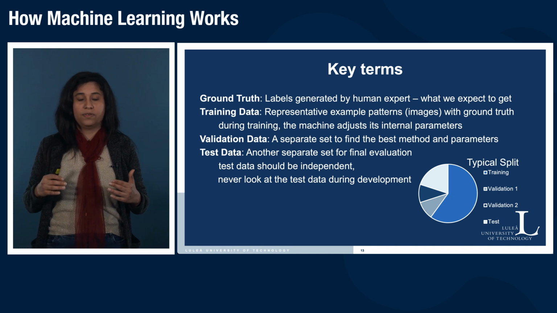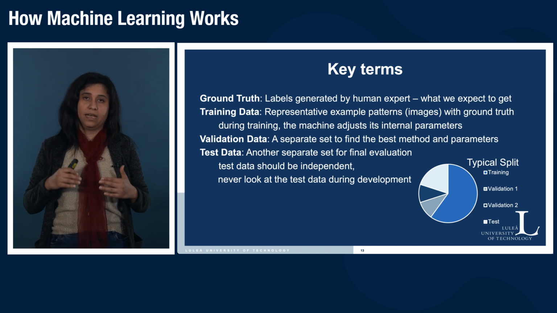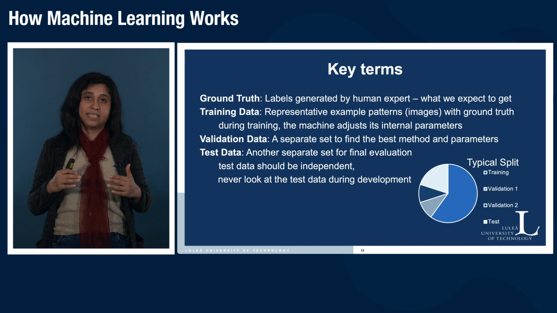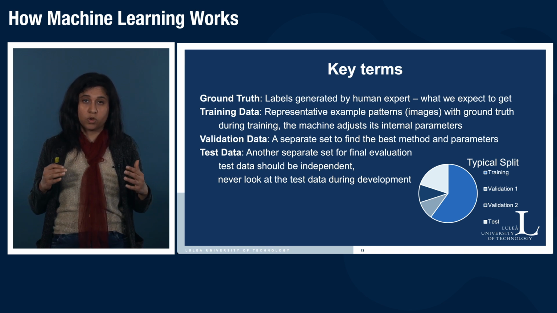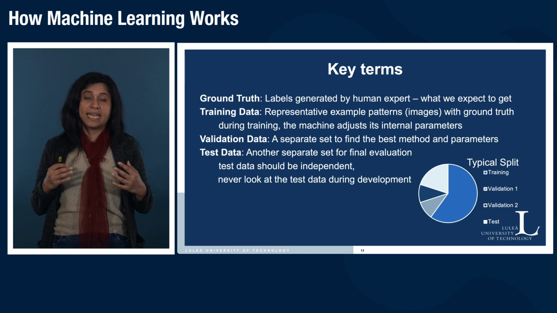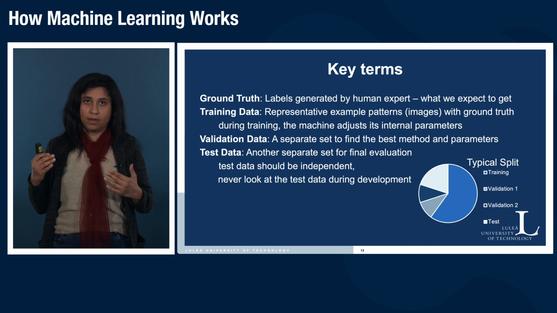So we have test data, training data, and validation data. The test data should never be looked at while training, because we want our model to predict unseen data. That's why the test data should be unseen by the model.